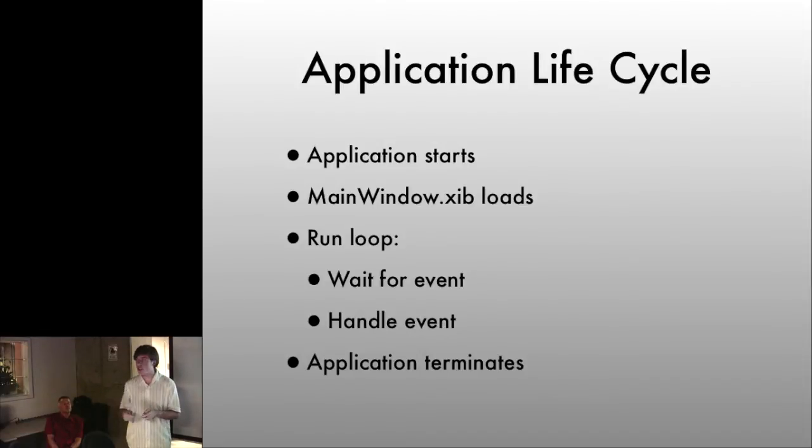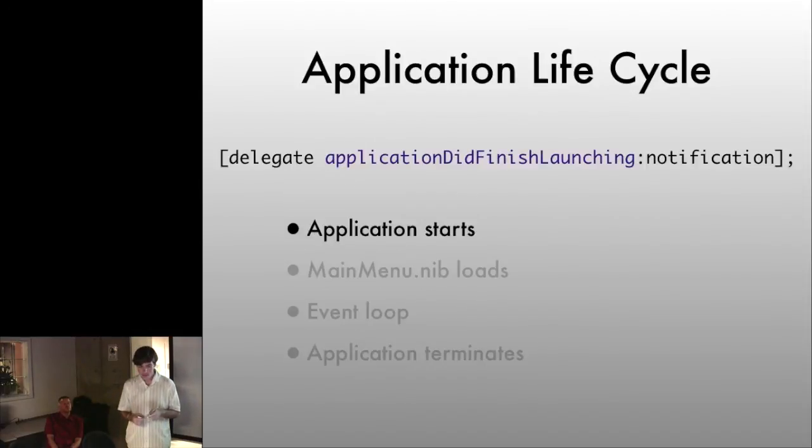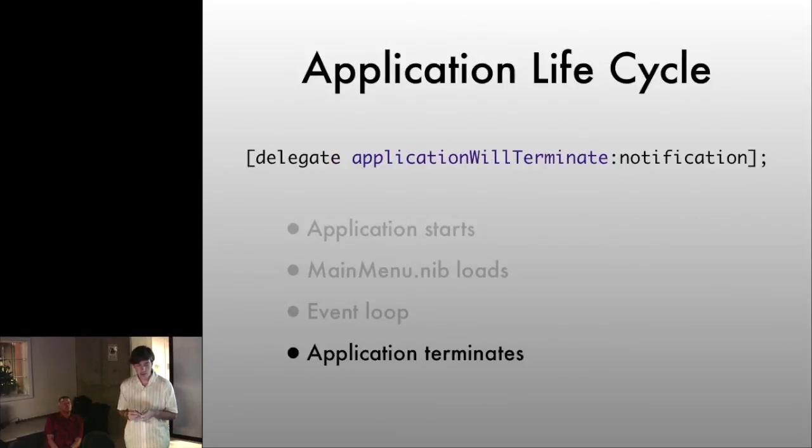Then it just waits in this run loop where it waits for an event, processes the event, and keeps doing that until the application goes into the background state or terminates. So again, we call application did finish launching when the application launches, and will terminate prior to iOS 4. Or will enter background, or did enter background, for example, since iOS 4.